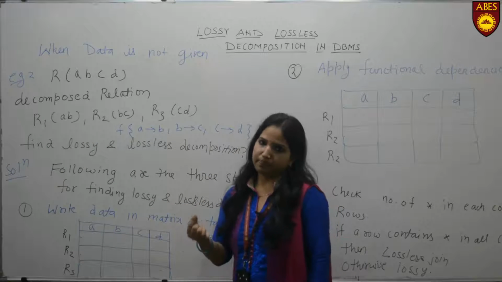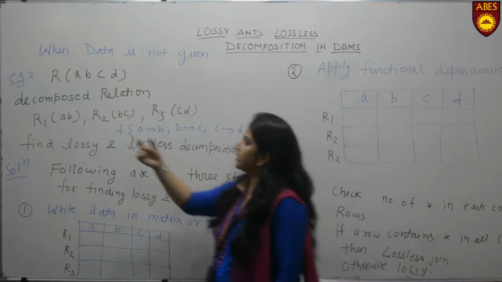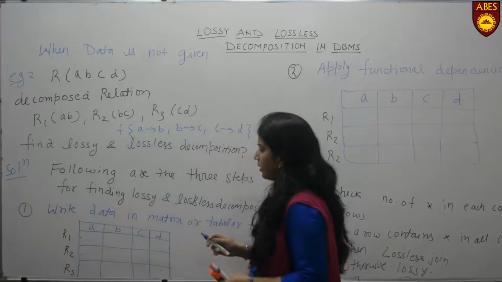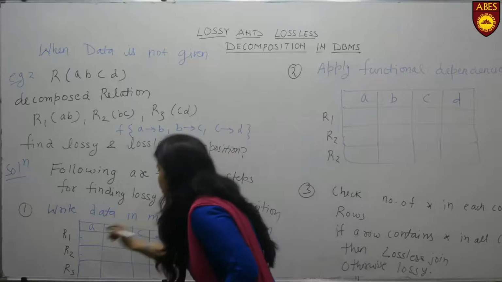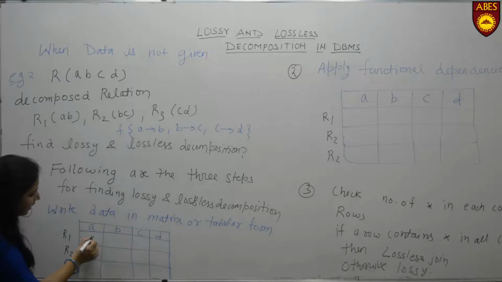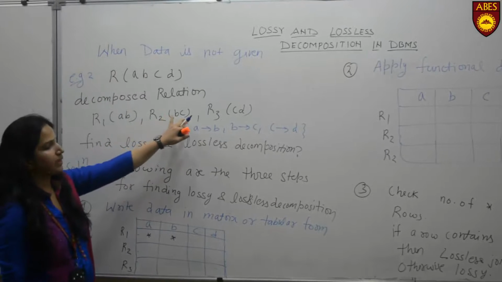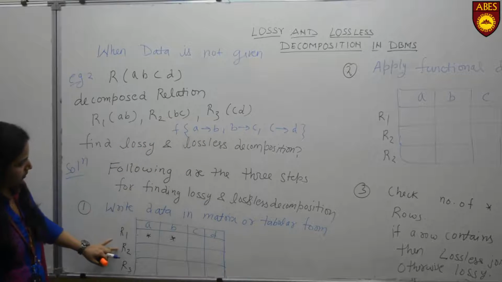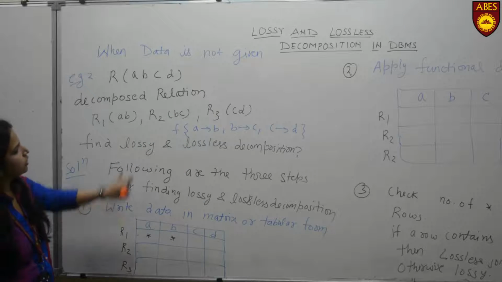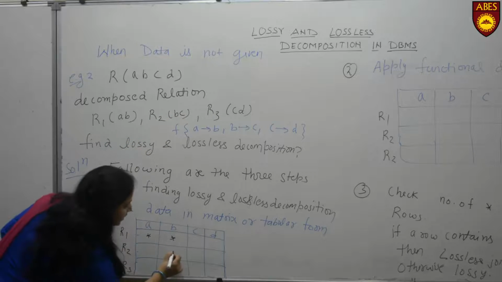We can use a special symbol for that. For this example, I have taken a star. So we will take R1. R1 has attributes A and B, so for R1 I will put a star in A and B. For R2, the attributes are B and C, so in the second row, for R2, we will put a star in the B and C columns of this table.